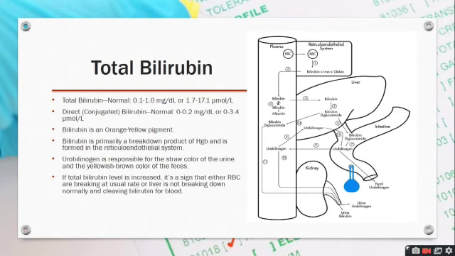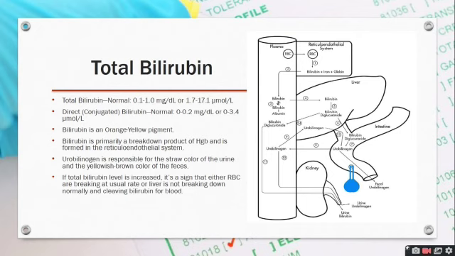Now, bilirubin is primarily a breakdown product of hemoglobin, and as you can see in the metabolism picture of bilirubin shown in the slide, in step 1 there is the reticuloendothelial system. In this reticuloendothelial system, bilirubin is formed. Then it is transferred into the blood in the second step.